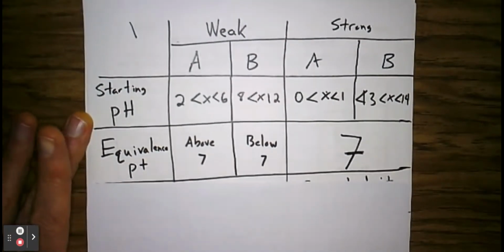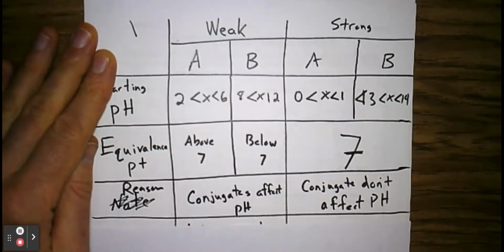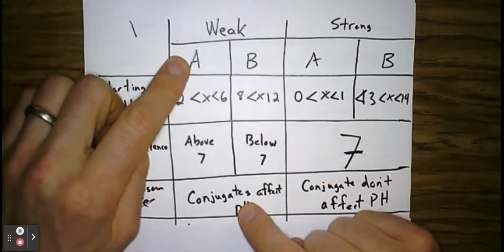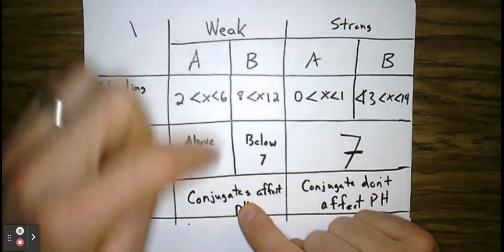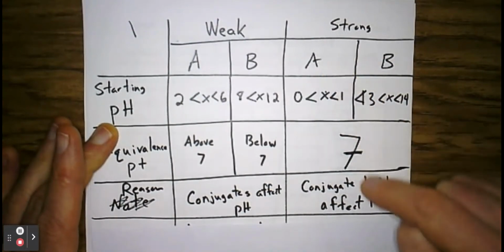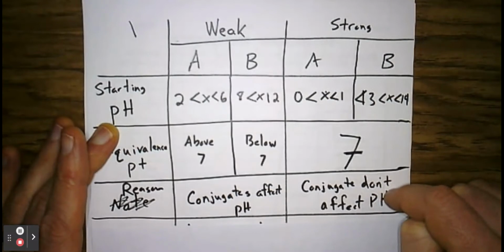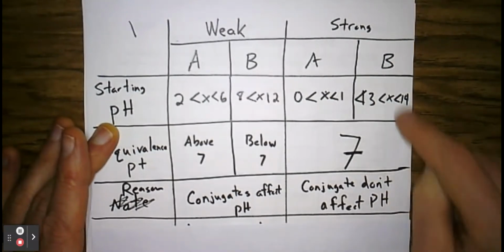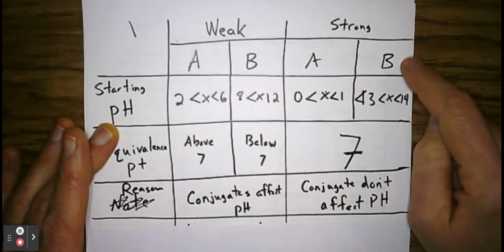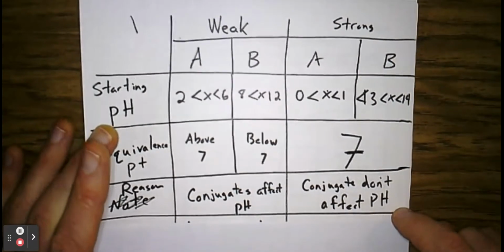At the pH at your equivalence point, your conjugates start to express themselves. For an acid, that's the conjugate base, and for the base, that's the conjugate acid. For something like HCl, its conjugate is chloride. Chloride ion doesn't affect pH. Sodium is the cation of sodium hydroxide, and sodium doesn't affect pH.